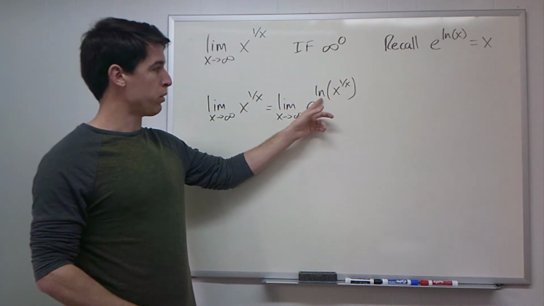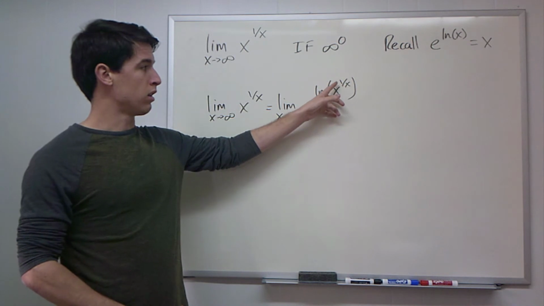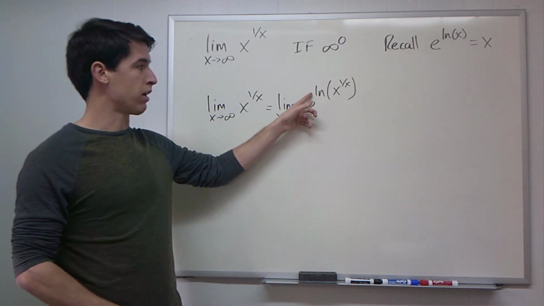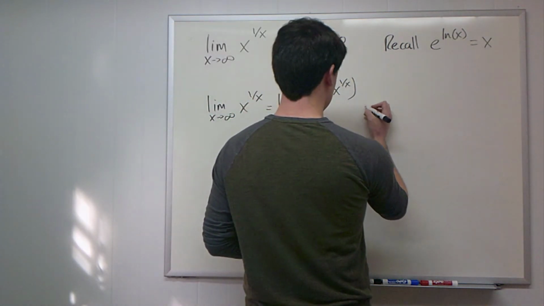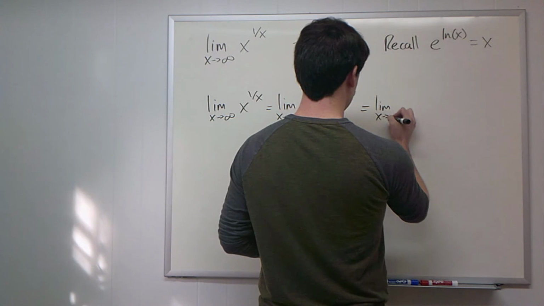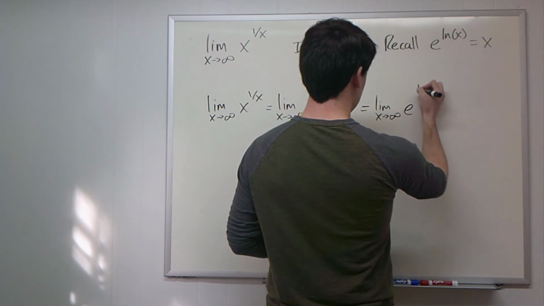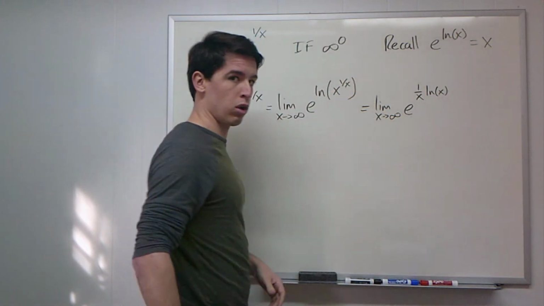Now, my properties of natural logs tell me I can bring the 1 over x down and multiply it in front of the natural log of x. So I can rewrite this as the limit as x goes to infinity of e to the 1 over x times natural log of x.